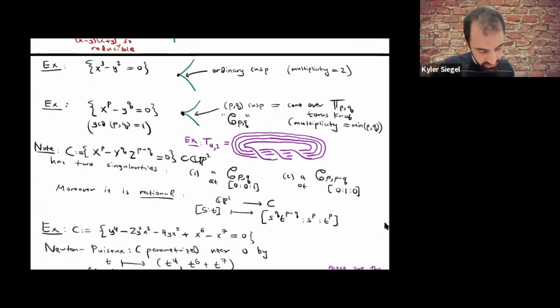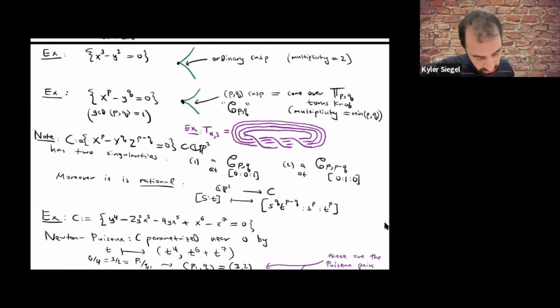It's called the Newton-Puiseux algorithm. Basically, the Newton-Puiseux algorithm gives you a way of locally parameterizing the curve near the singularity. And in this case, it spits out a parameterization like this. So the x coordinate is parameterized by t to the 4th, and the y coordinate is parameterized by t to the 6th plus t to the 7th.